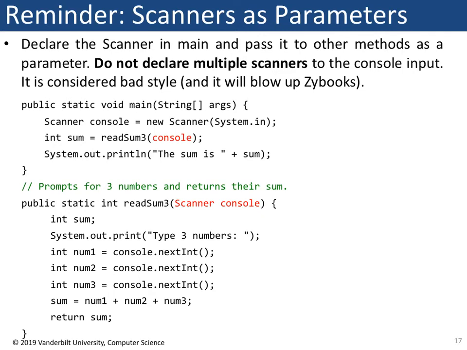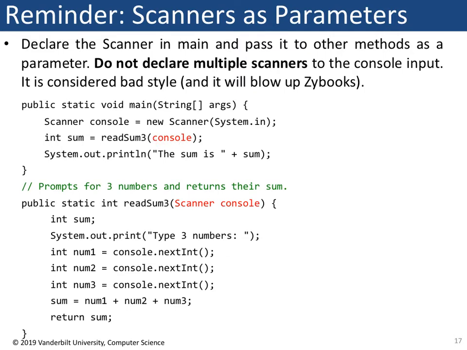So to get the Scanner into this method, we will declare a parameter in the parameter list of type Scanner, and we'll call it console. So then in our main, when we call readSum3, we will pass it the console object that we created.